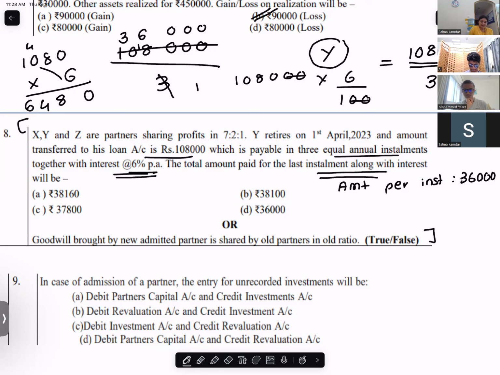So the interest amount is how much? 6480. So the total amount will be how much? 36,000 plus 6480 is 42,480. Is our interest amount correct?